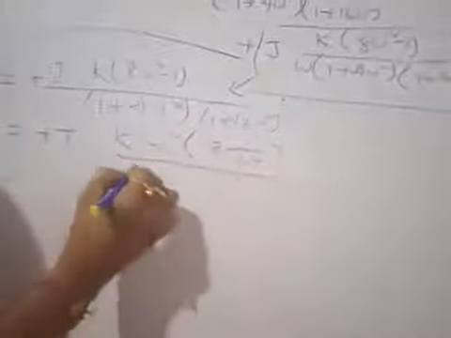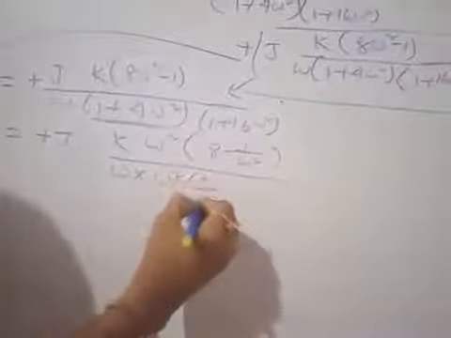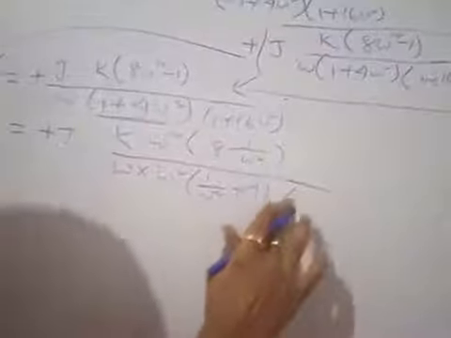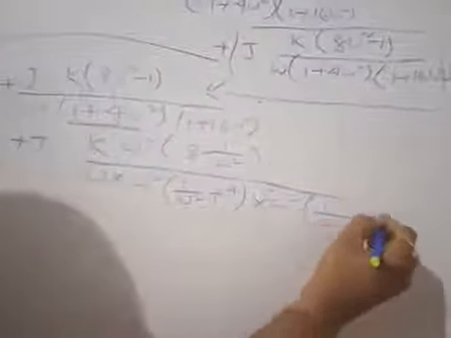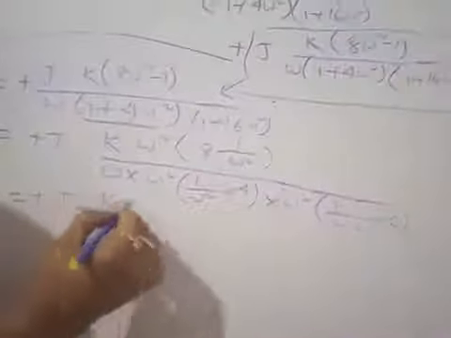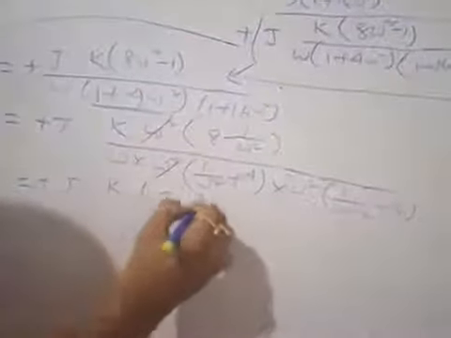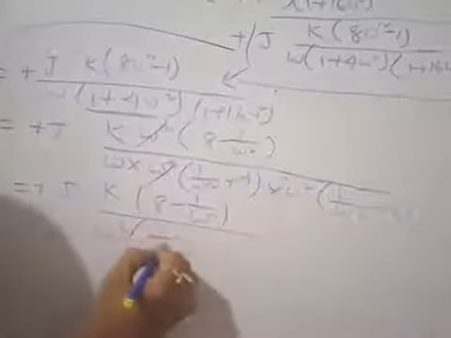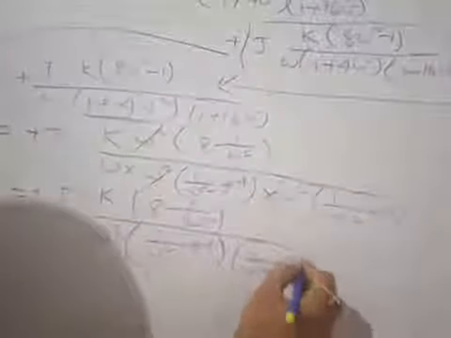Similarly from the denominator, from each factor you take omega square as the common factor: 1 by omega square plus 4, and 1 by omega square plus 16. Now this term becomes plus j k into omega square (8 minus 1 by omega square) divided by omega cube (1 by omega square plus 4) into (1 by omega square plus 16), right?